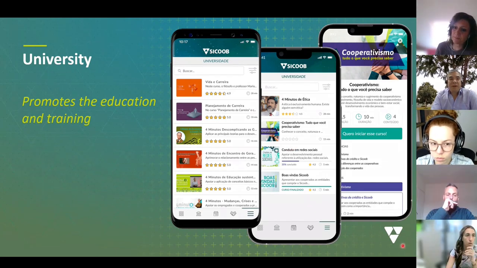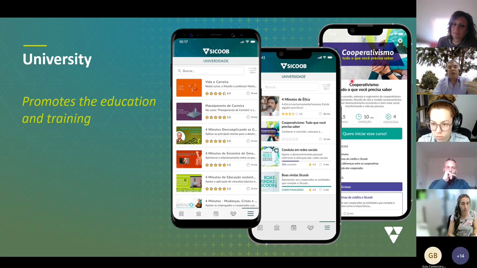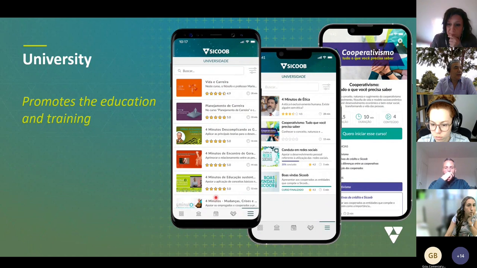Okay. Based on another principle of cooperativism, the Sicoob Moob has a section that promotes the education and training of members and non-members. The university section has courses on financial education, technology, regulations, career planning, sustainability, and much more. Here is an example about career planning, life and career, and other small courses.